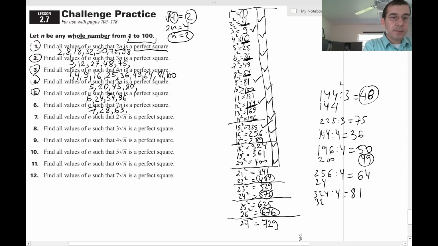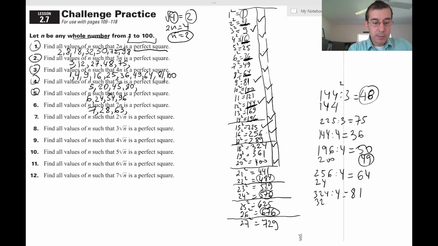So we have 7, 28, 63 so far. And then 484 divided by 7, no. 529 divided by 7, no. 576 divided by 7, no. 625 divided by 7, no. And then 676 divided by 7, no. We get a decimal. And that's it.